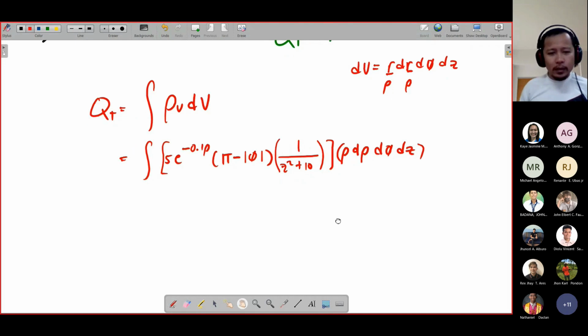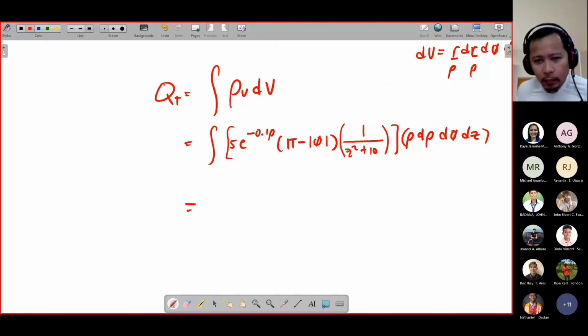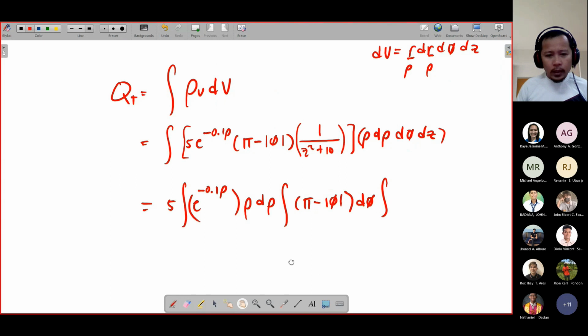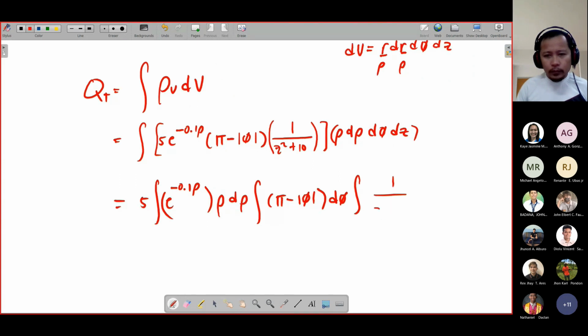We already have the limits. Since each variable is independent, it can be separated. I will take out the constant 5 times the integral of e to the negative 0.1 rho times rho d rho, and then the integral of pi minus absolute value of phi d phi, then the integral of 1 over z squared plus 10 dz.